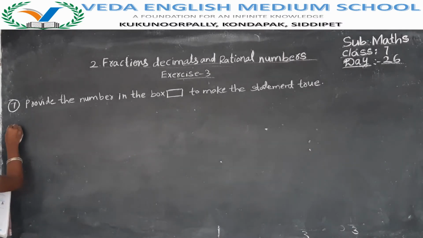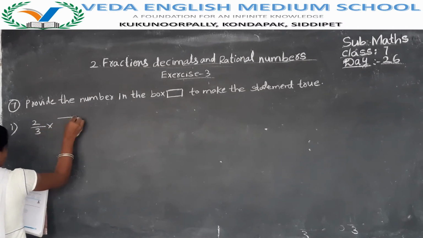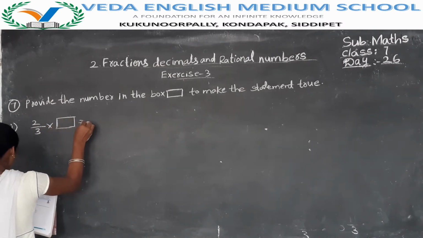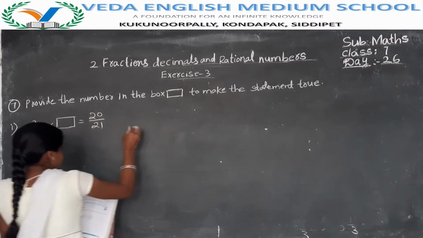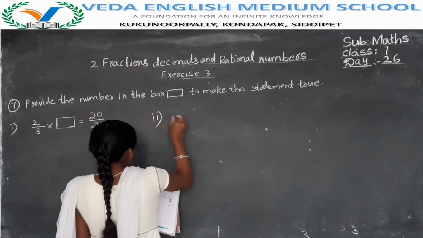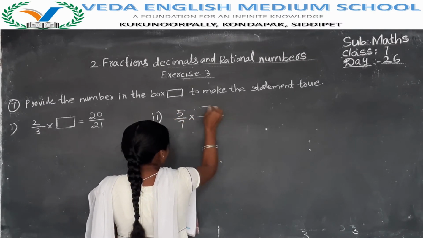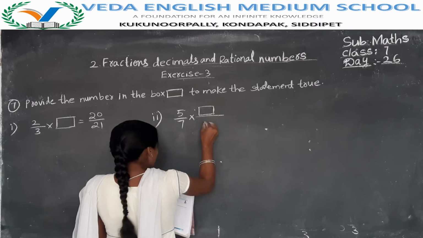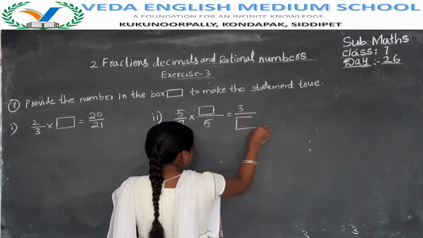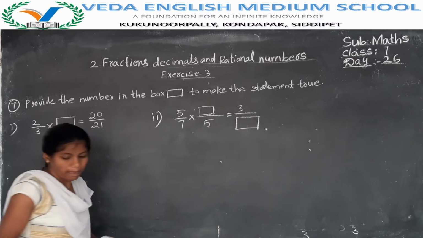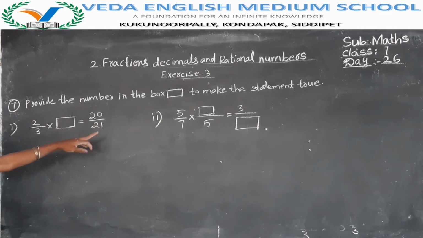Now, first question, 2/3 into, they have given one box, is equal to 20/21. Second question, 5/7 into, here they have given one box, here 5, here 3, here 7. Now see here, provide the number in the box to make the statement true.